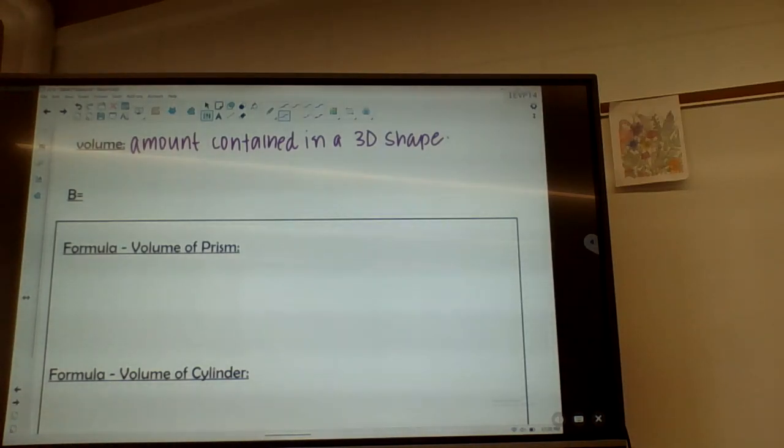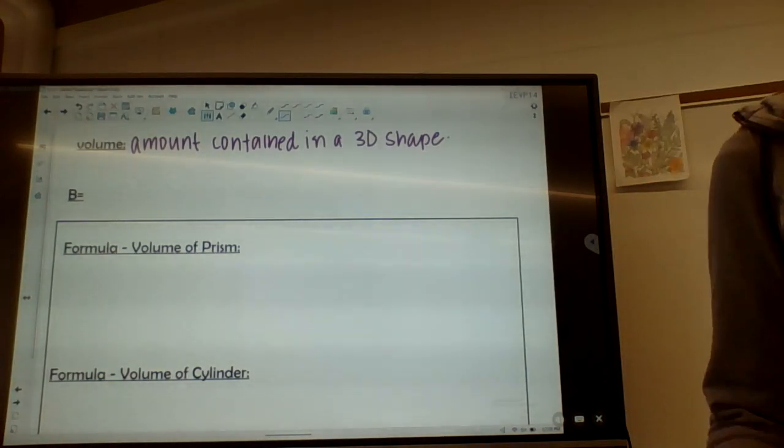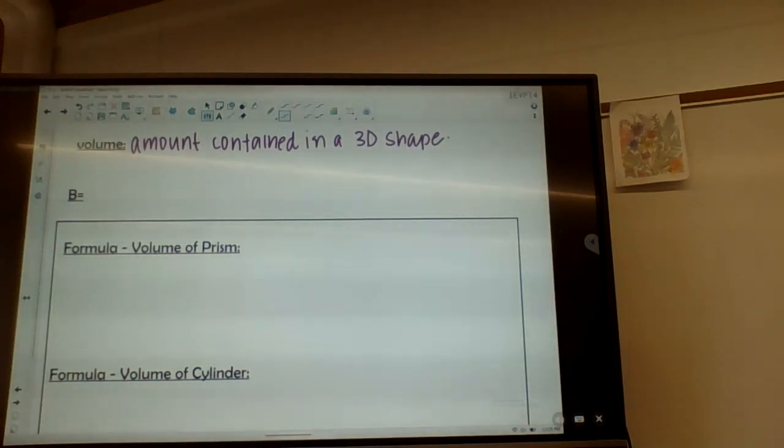So picturing Zippy's tank, filling it up with water and how big it is. If we had a smaller tank, obviously Zippy would be more crowded, but there'd be less water in there as well. So that volume matters a lot. We're going to use, we've used this before, the capital B. Again, that's still the area of the base.